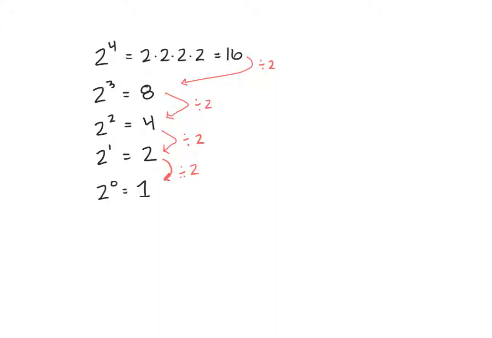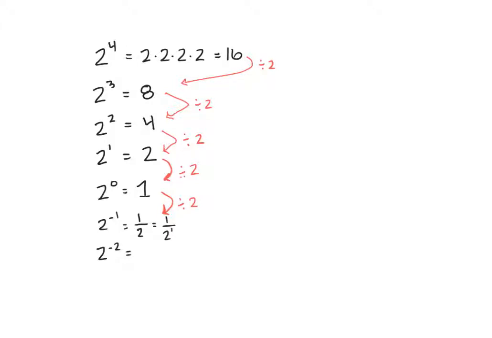Now, let's start looking at negative exponents. So for example, 2 to the negative 1 or 2 to the negative 2 and see what happens here. Well, we're going to follow the same pattern. So what is 1 divided by 2? It is 1/2, or the other way you could think about that is 1 over 2 to the 1st power.